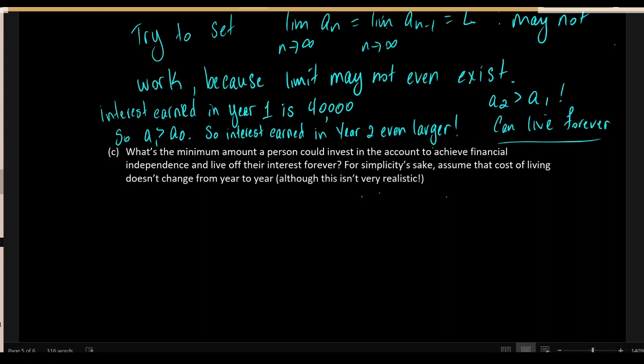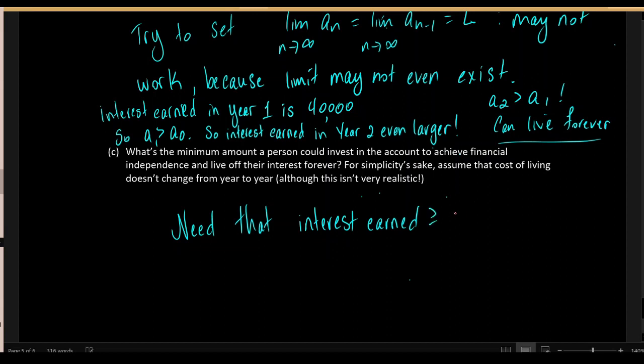So, in order for the amount in the investment not to decrease over time and eventually empty, we need to make sure that the interest is at least enough to cover our $30,000.